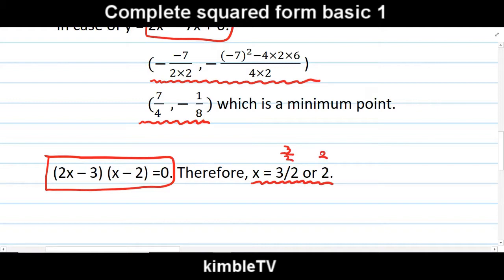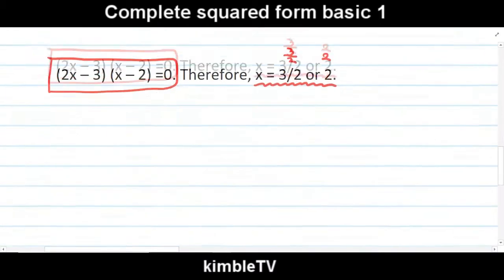But this process is quite difficult for me. So in today's lecture, I will show you my method of finding the stationary point without using this formula.